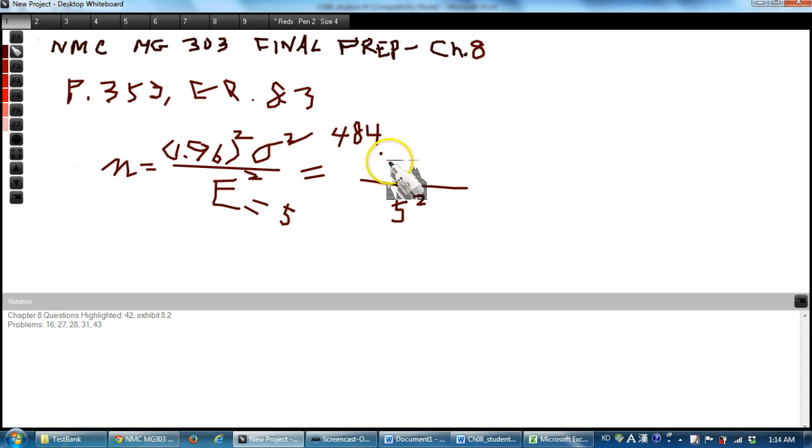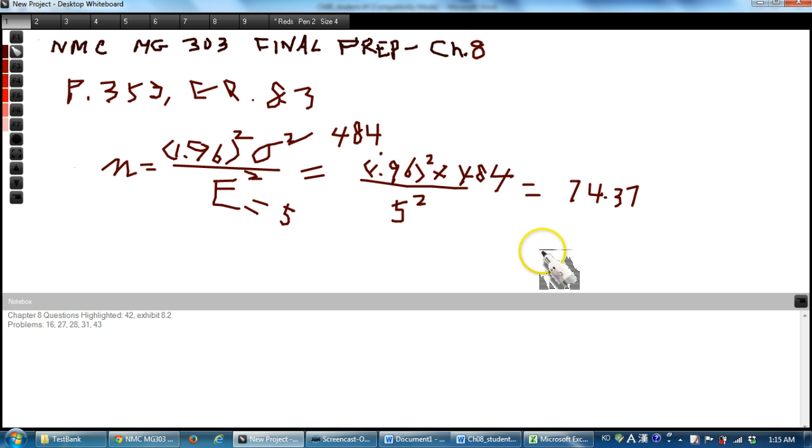So you can calculate 1.96 squared times 484 divided by 25, and I come up with 74.37, something like that. So the answer will be 75, D.